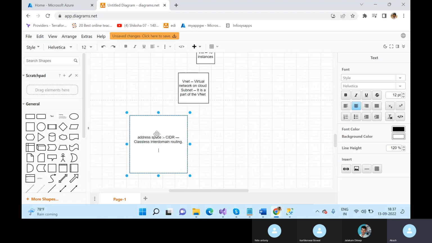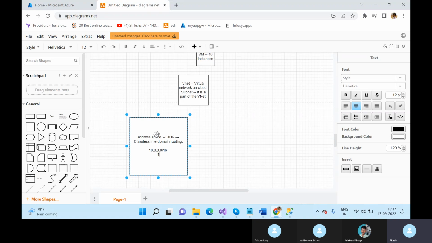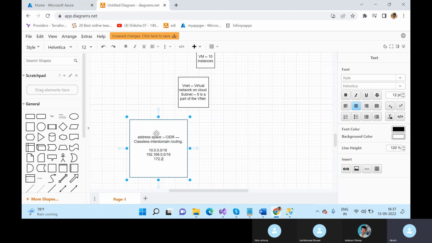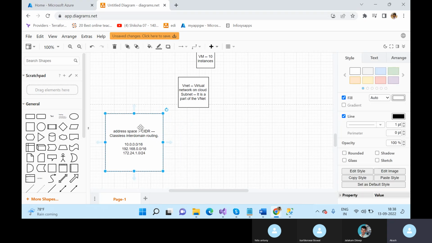For example, 10.0.0.0/16 is one example. 192.168.0.0/16 is another example, and 172.24.0.0/24 is another example. Now you need to understand what exactly this slash means and what is the use of it. How do you determine that?